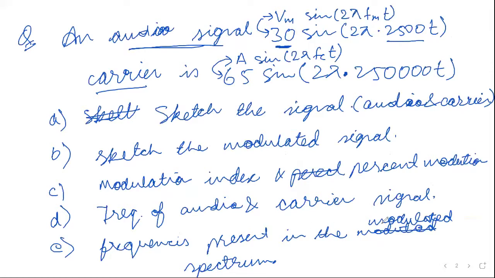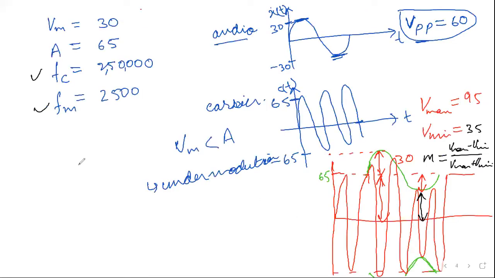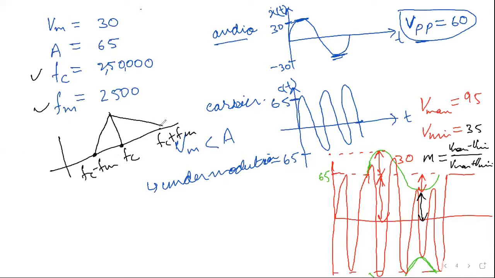Modulated spectrum means the spectrum of the modulated wave: FC minus FM, FC, FC plus FM. So in the spectrum of the modulated wave there are three components: a carrier part, an upper side band and a lower side band. The carrier part will be FC. In the picture we drew in previous classes, this was FC, this is FC plus FM and this is FC minus FM. So here are the three frequencies present in the signal.